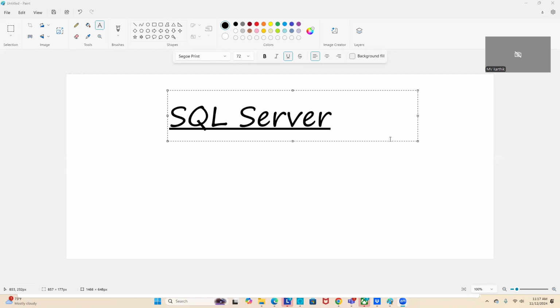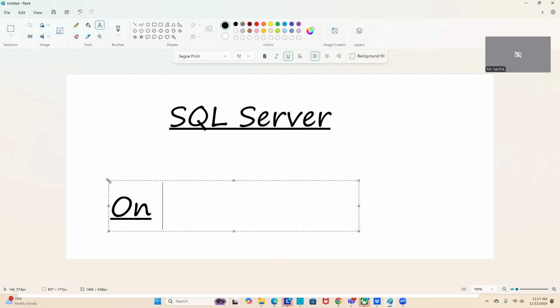Okay, so we have two types of SQL servers. As of now, you may get a question: what is the difference between Azure SQL and normal SQL? So I'll explain the differences between those. Basically, we have an on-prem SQL Server and we have an Azure SQL Server.